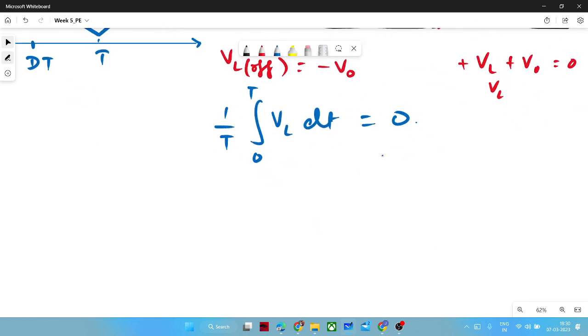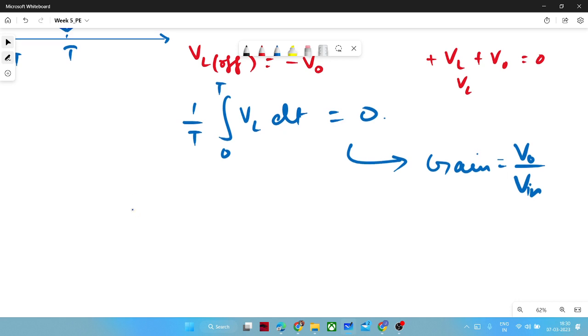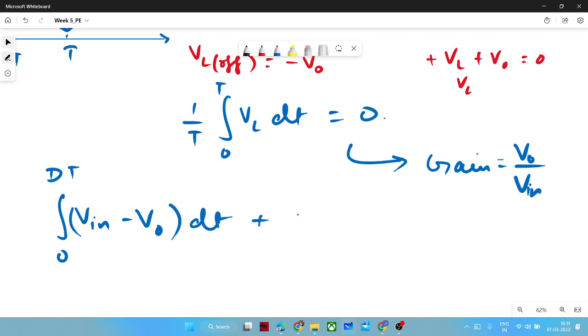This expression will give us the value of gain, that will be V naught by V in. Taking the start as zero, from 0 to dt, VL had the value of V in minus V naught, plus from dt to t it will be minus V naught, integrated equal to 0.